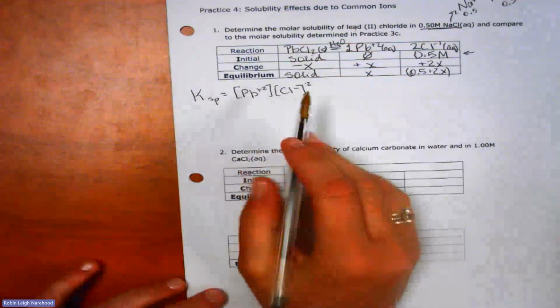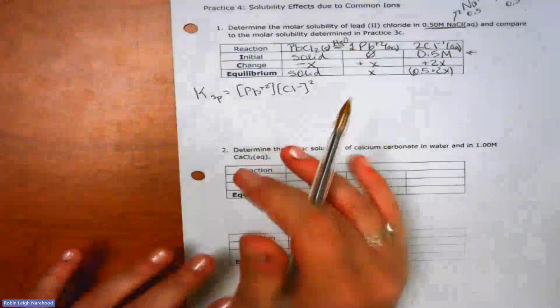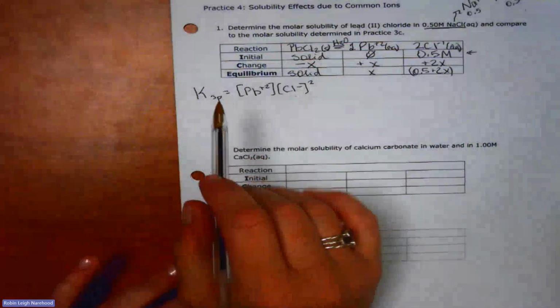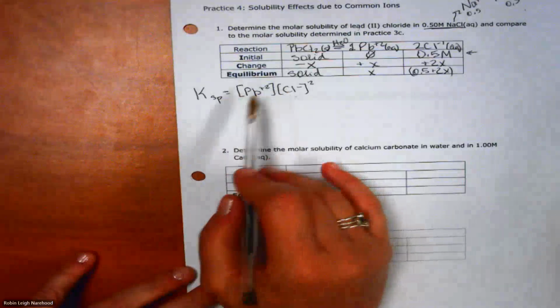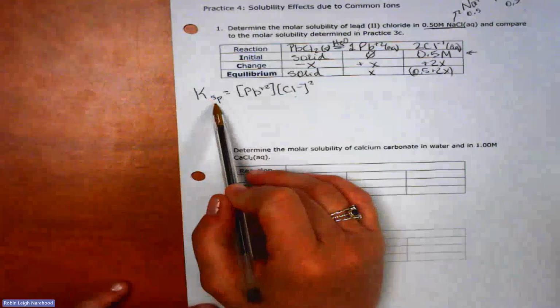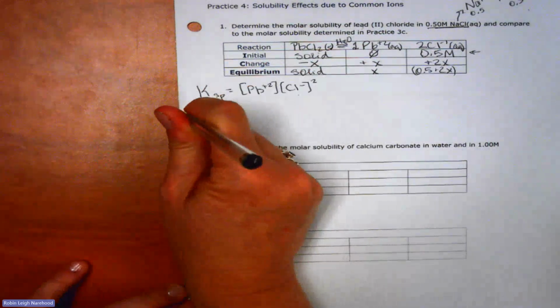Please remember that in the brackets is the formula, not the coefficients. That's not 2 chloride, it is chloride. So whatever the formula is, that's the concentration of that. Okay, so this is the solubility constant expression. The Ksp, you find it in Appendix J.